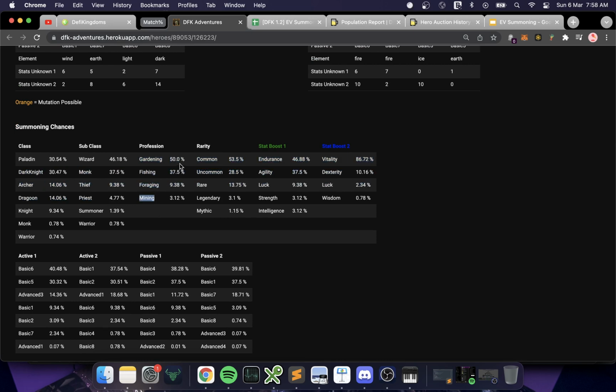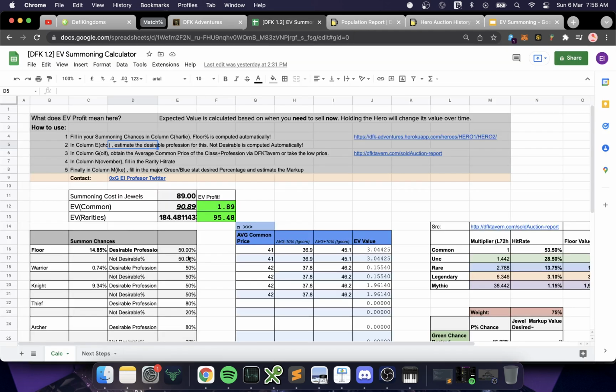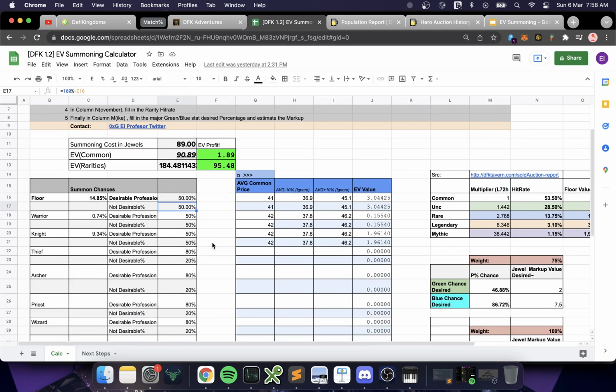So I just did 50% because I don't like gardening at all on this summon, but this is the best summon match I could find yesterday amongst my heroes. So basically I want to use my Paladin with someone's Dark Knight, and then I want to get a Dragoon. But then the gardening one is the only thorn in the eye, so that's why I put in profession desirable 50%, profession undesirable 50%, just for simplicity's sake.